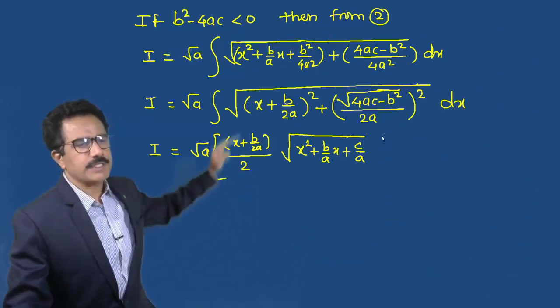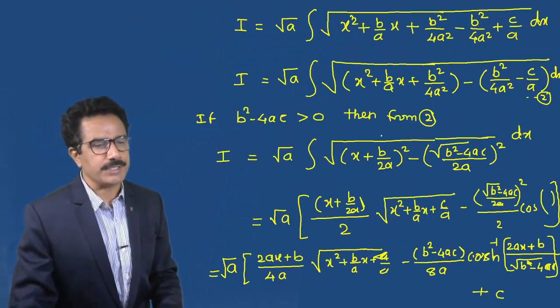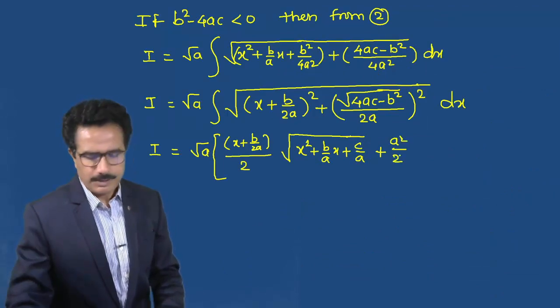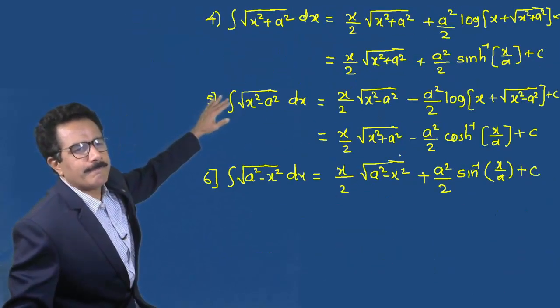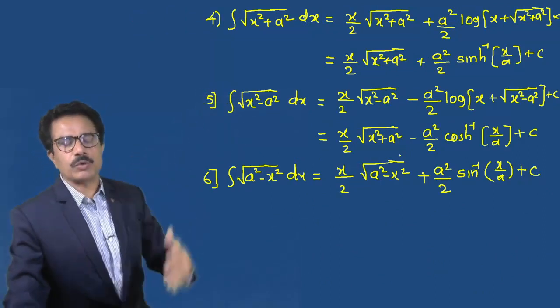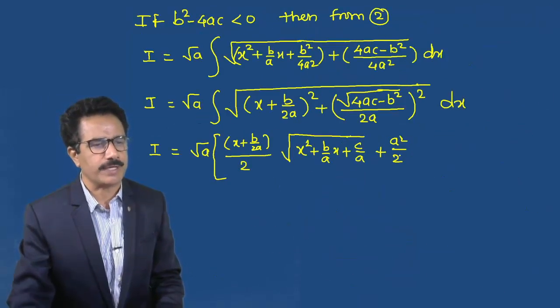So we can write plus, and see this the formula, a square by 2 into cos h inverse of x, see this x square plus a square, that means we have to use the formula number first, and that is sin h inverse of x by a.